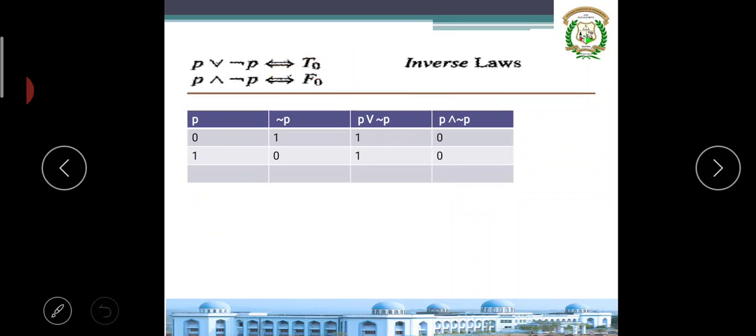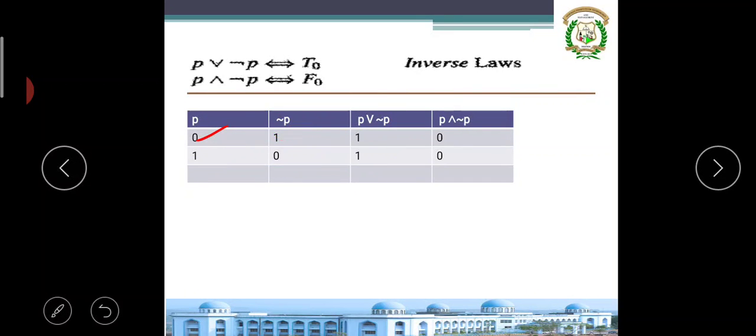Then you think, if I say like this, Bhagavad sir will say always these laws. No, not like that. This is the logic, laws of logic. You have to study this. Inverse law. What is this inverse law? If P is 0, inverse of P is 1. If P is 1, inverse of P is 0. P or inverse of P, when I make the addition, 0 plus 1, 1. 1 plus 0, 1.